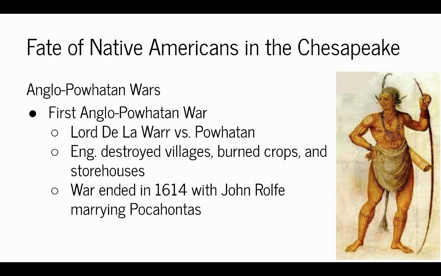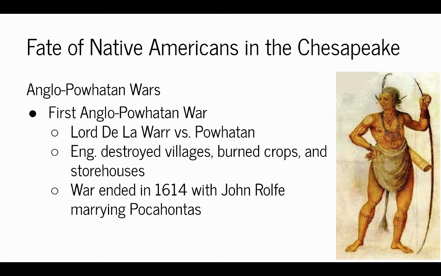Let's talk about the early English interactions with Native Americans. So you have the Anglo-Powhatan Wars. Now remember, Anglo is another word like Anglican Church, English, okay? So what ends up happening is Lord de la Warr at this time is going to be in charge of some of the southern region in Virginia.